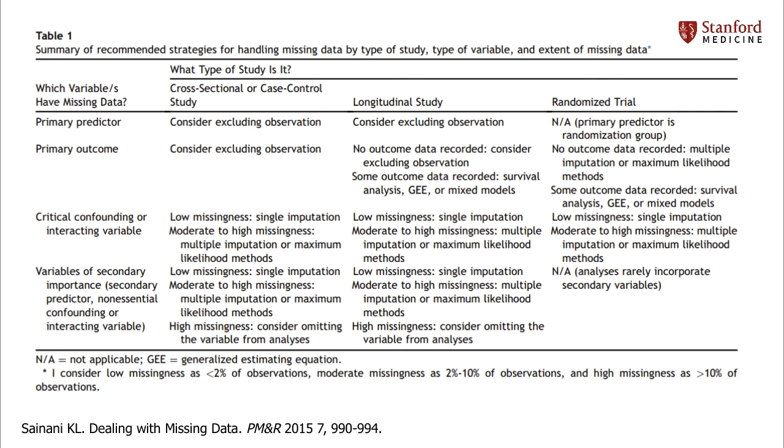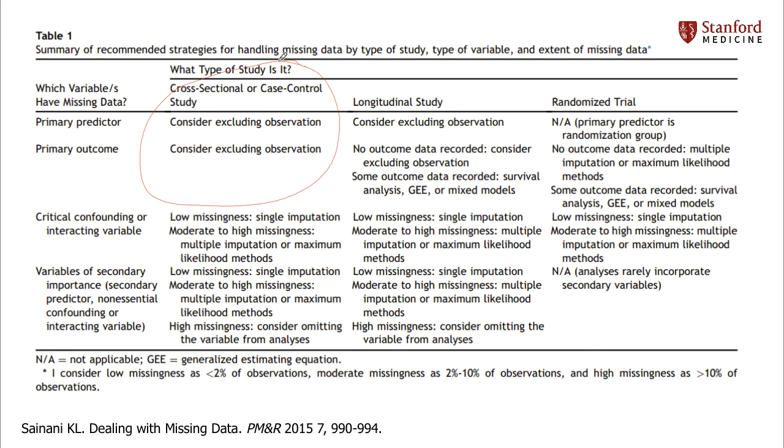Here, I've put together some guidelines for which strategy you might choose for a given study design and a given level of importance of your variable. So for example, if you are doing an observational study over here, you would likely exclude any observations that were missing data on either the primary predictor or the primary outcome.